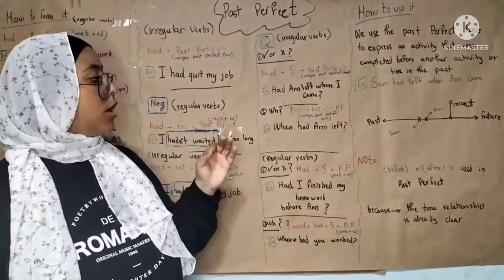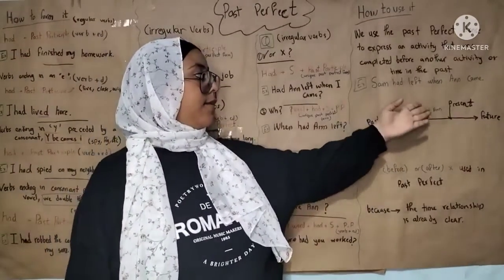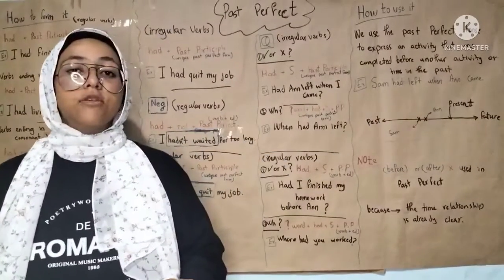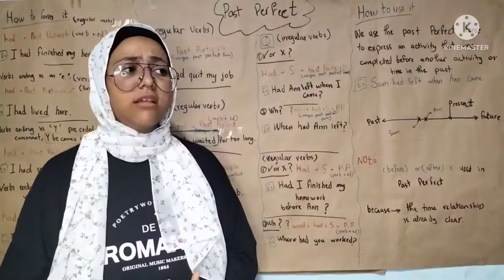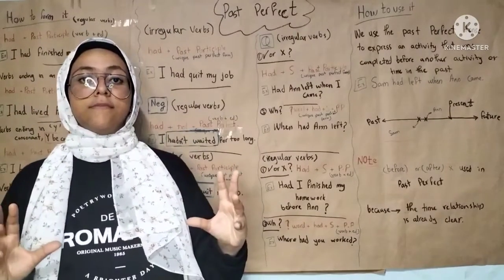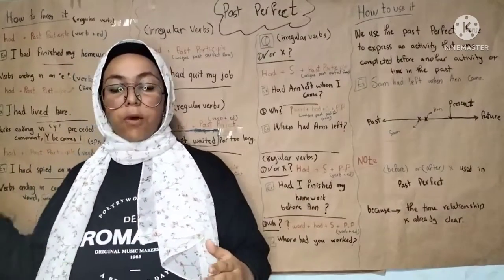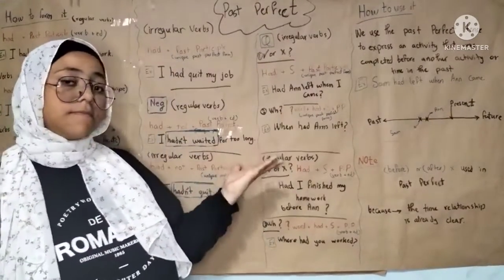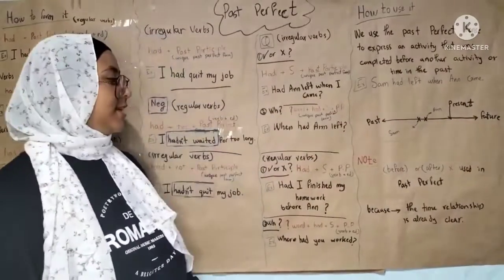But the action of Sam, when he had left, happened first, before Anne. So this tells us that the past perfect is the oldest action that happened in the past. So yes, Sam had left when Anne came.